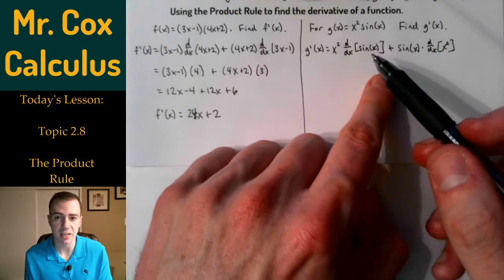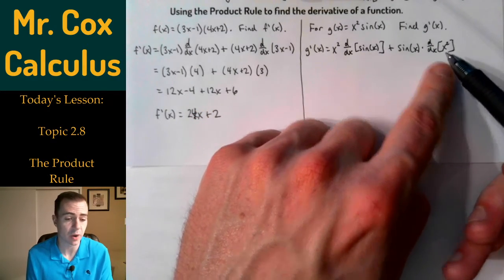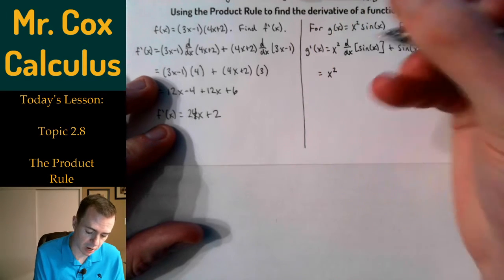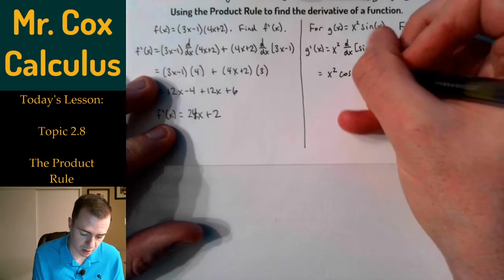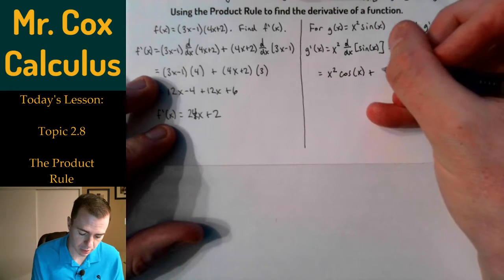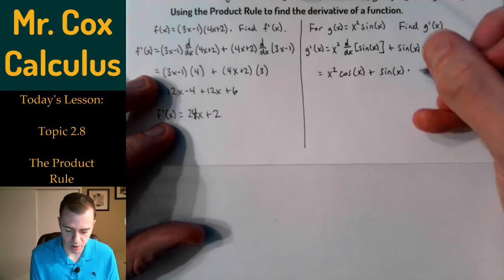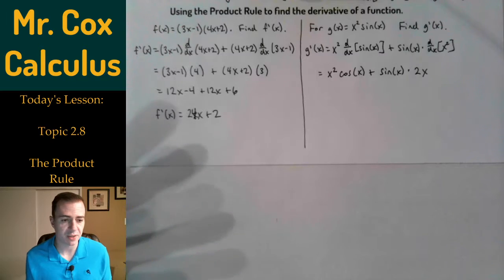So now we just need to take the derivative of sine, which we know from the previous lesson, and the derivative of x squared, which we know from earlier in this unit. And so we get x squared times the derivative of sine of x, which is cosine of x, plus the sine of x times the derivative of x squared, which we know to be 2x. There are several ways that we can write this.